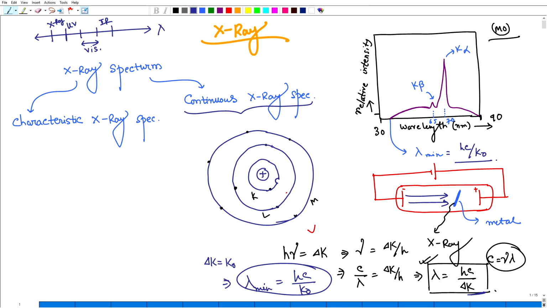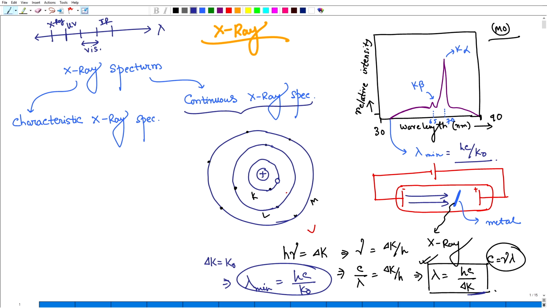That occurs when an electron of the K orbit is kicked out, and to fill up that position, an electron comes from the L or M orbit. Or if an electron is kicked out from the L orbit, and to fill up that gap an electron comes from the N or M orbit, then that energy gap also corresponds to the photon of X-ray. So there are 4 essential transitions which correspond to the emission of the X-ray photon.